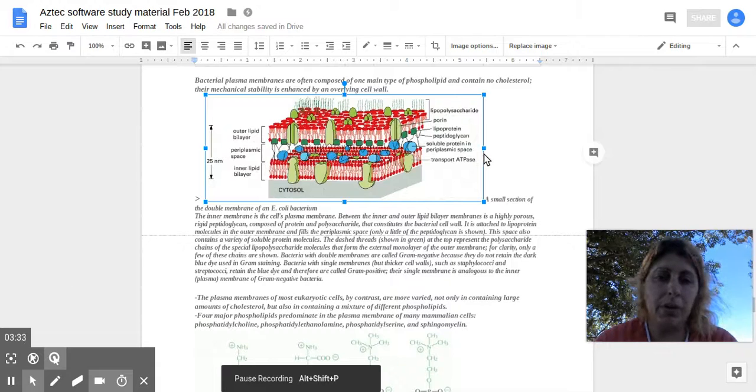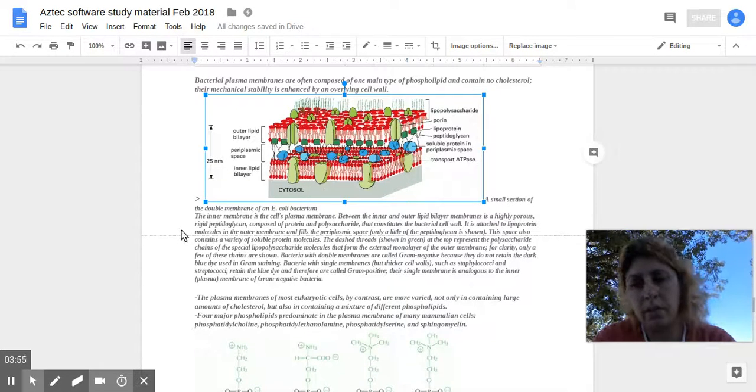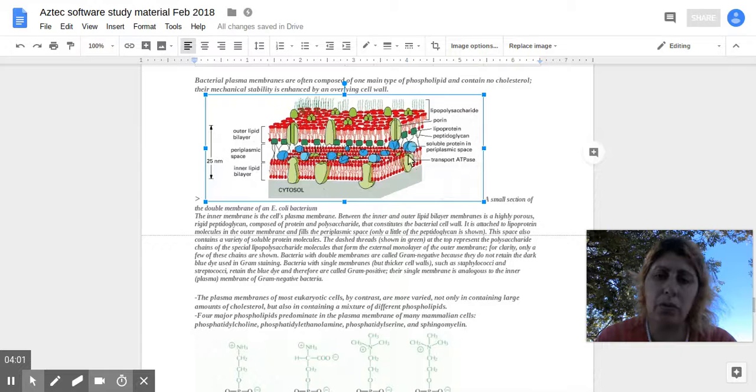So the transport channels, which use energy from ATP in order to let large or insoluble molecules, large polar molecules, which don't go through the membrane easily, go through channels.